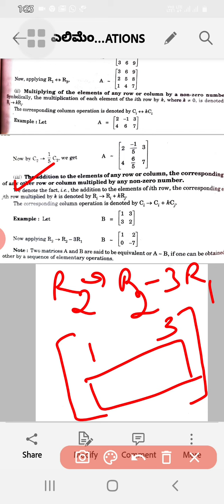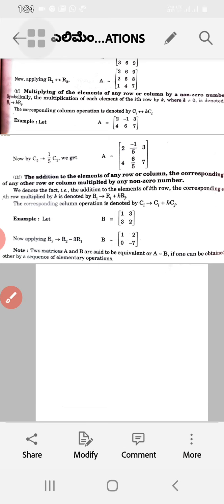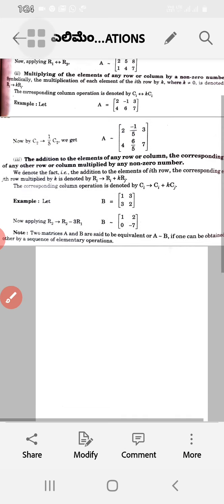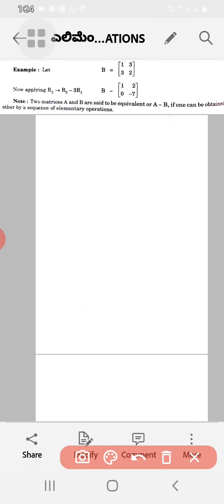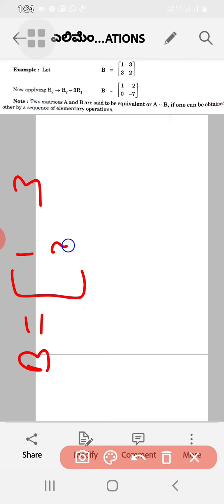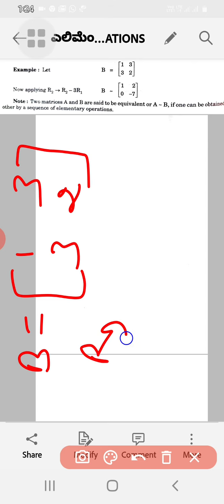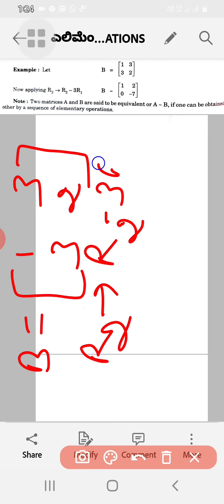See here, R2 minus 3R1 means 3 minus 3 into 1. Okay, so let me take this 1 3, 3 2 and explain here. So B is equal to 1 3, 3 2. They have given this as an example here. See, what is the operation here? R2 changes to R2 minus 3R1.